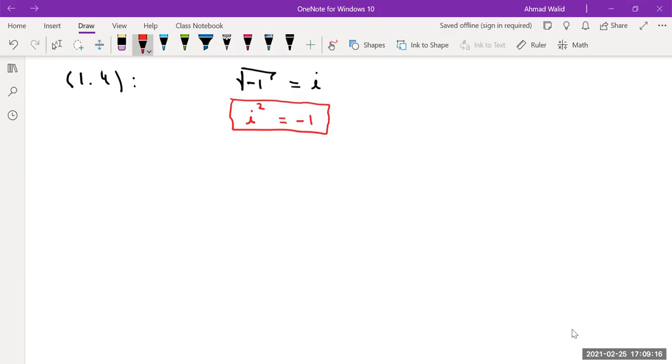Which rule are we using to multiply complex numbers? We are still using the FOIL method, correct?